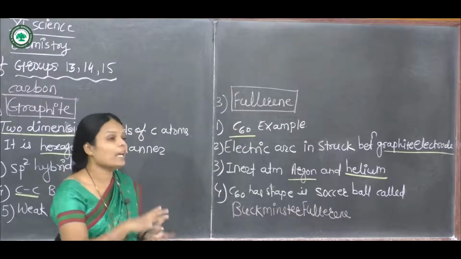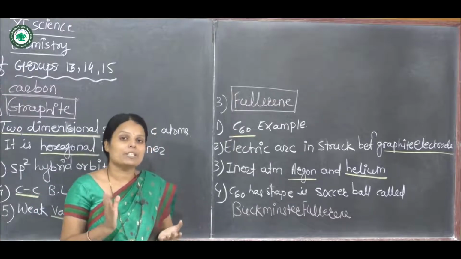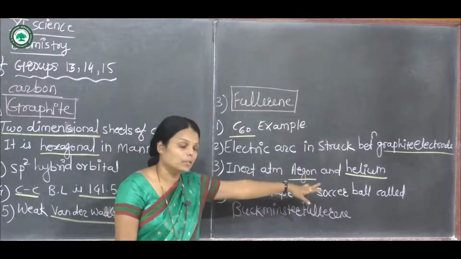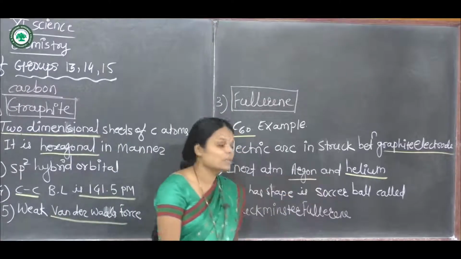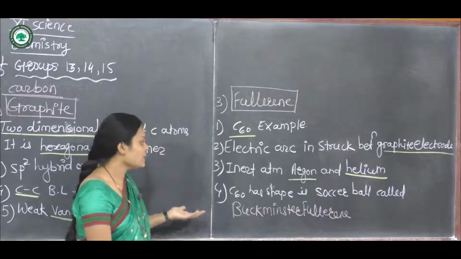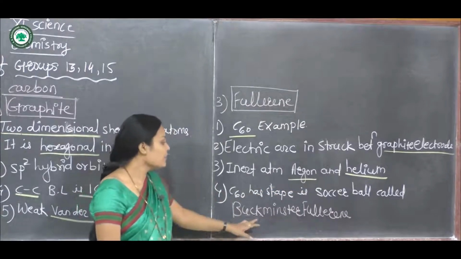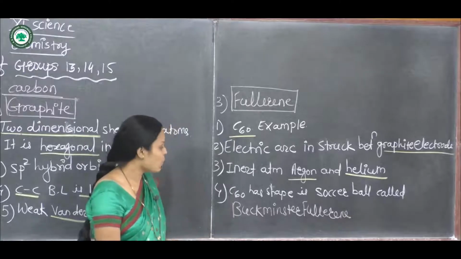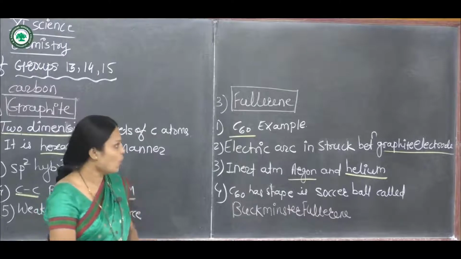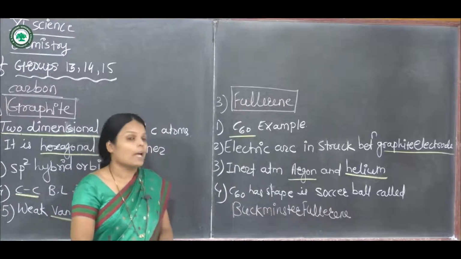This is done in an inert atmosphere of argon and helium. The C60 has the shape of a ball, and it is called Buckminsterfullerene. Fullerene is the third allotrope of carbon, and C60 is an example.